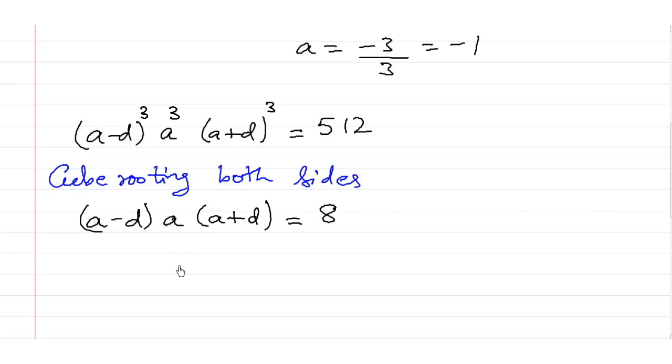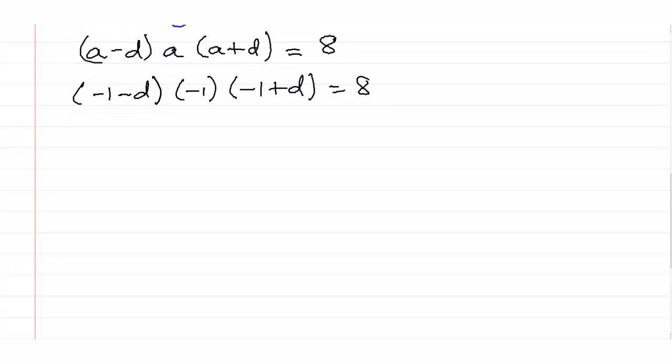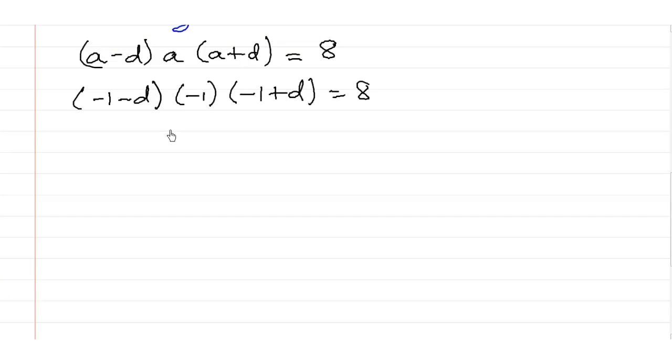Now we can put the value of a as minus 1. So minus 1 minus d into minus 1 plus d is equal to 8. Now over here you can multiply the minus 1 to the first bracket.